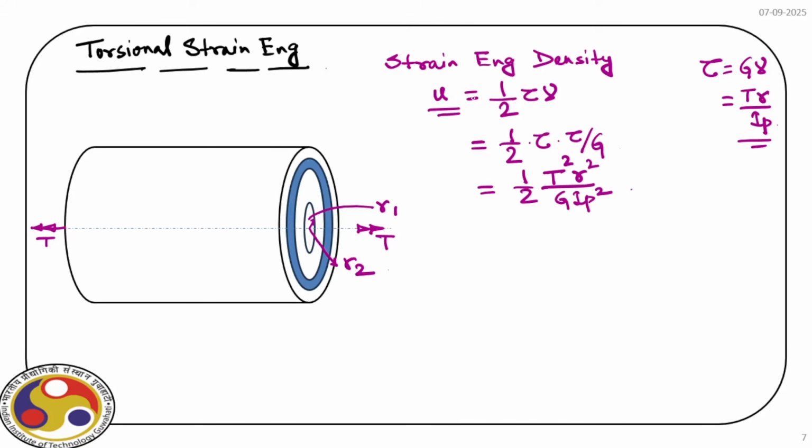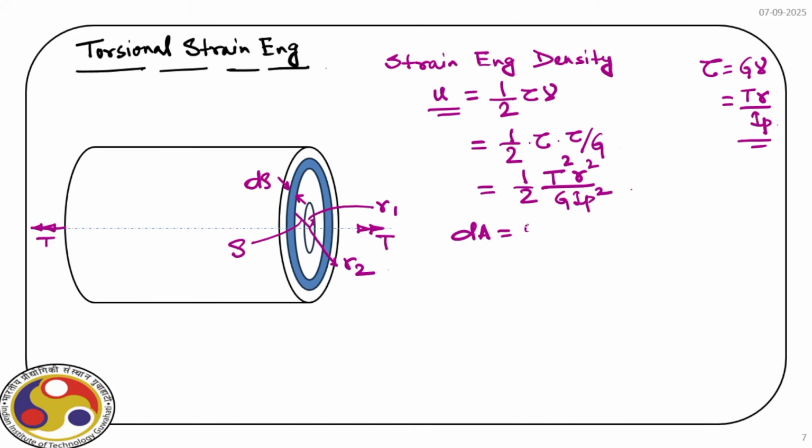We can also find the total strain energy, and let us do it from a different analogy. What we consider is a small annular ring, as you can see, at a distance of say rho. This is a small annular ring. So what is the area?